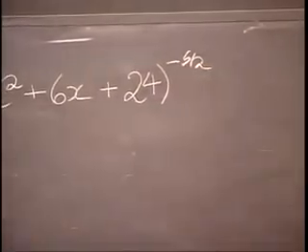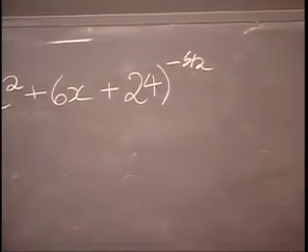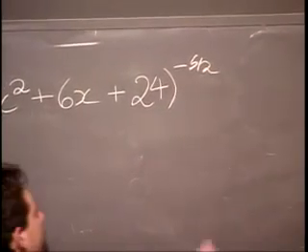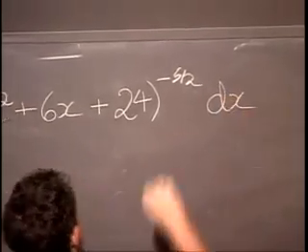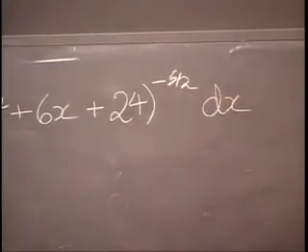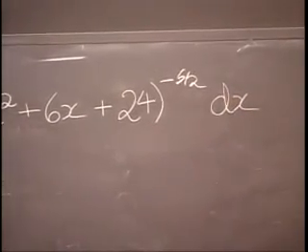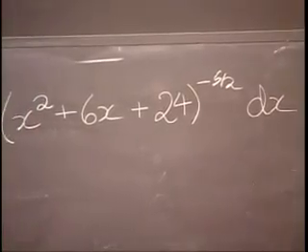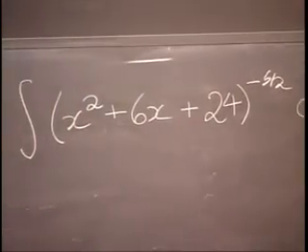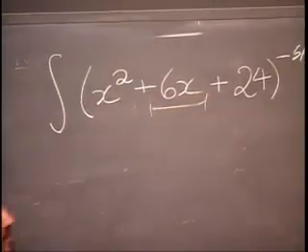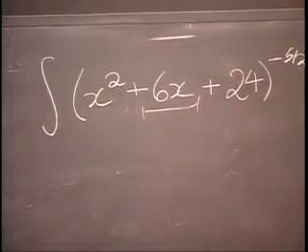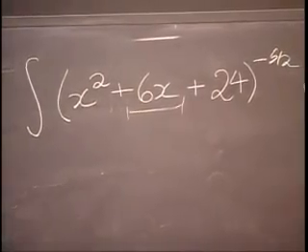I don't know, x squared plus 6x plus 24 to the minus 5 halves dx. Why not? Okay, this doesn't fit any of the types because of the 6x. That x term was not there.